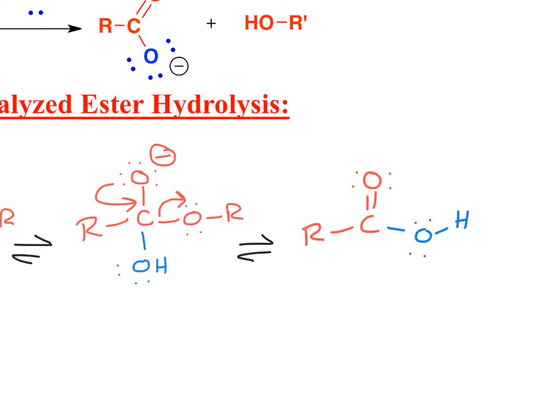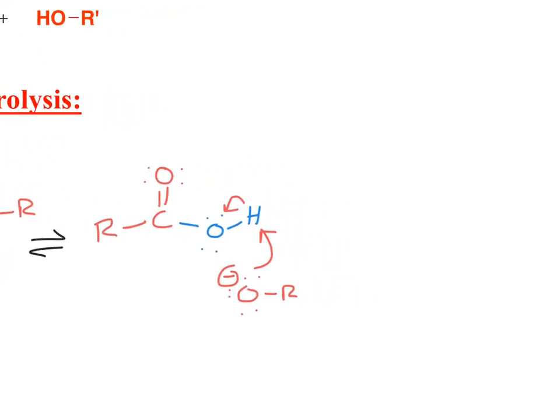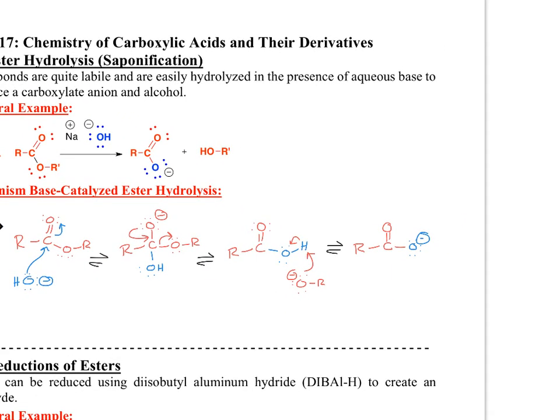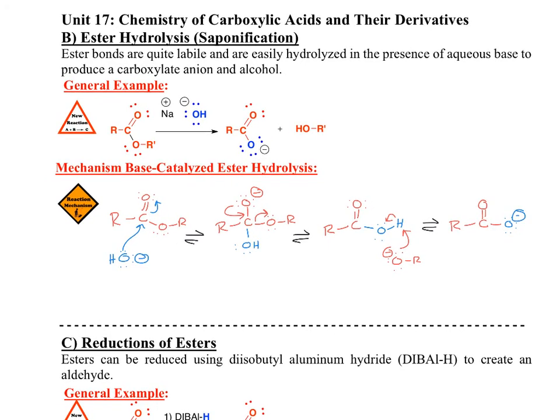We just eliminated OR, an alkoxide base, which on its way out can steal that hydrogen to yield as the final product our carboxylate, shown there. And that is the base catalyzed hydrolysis or saponification of an ester.